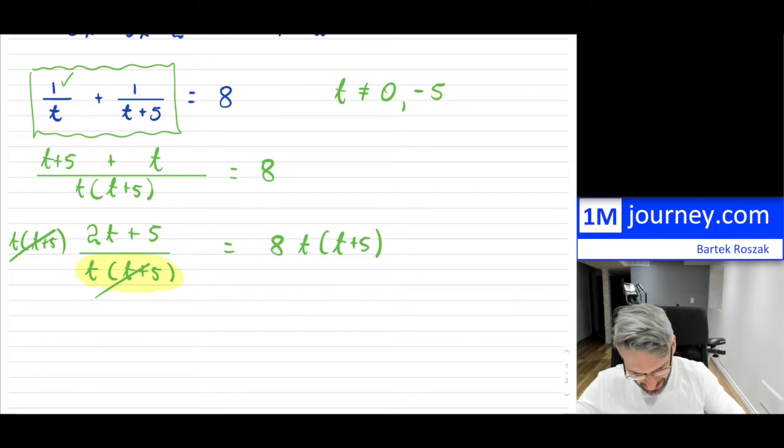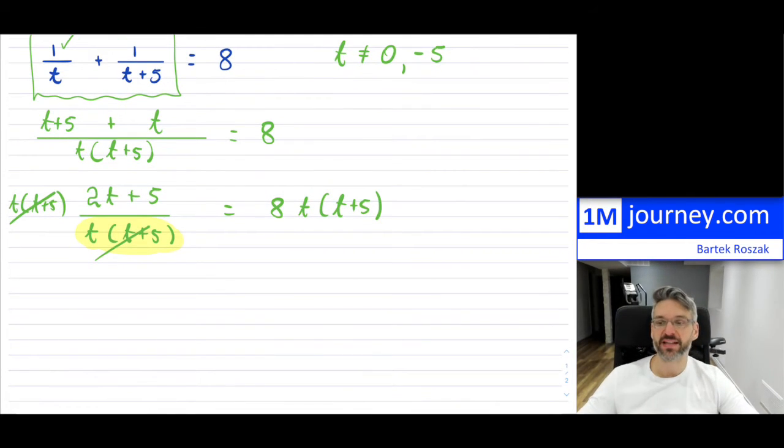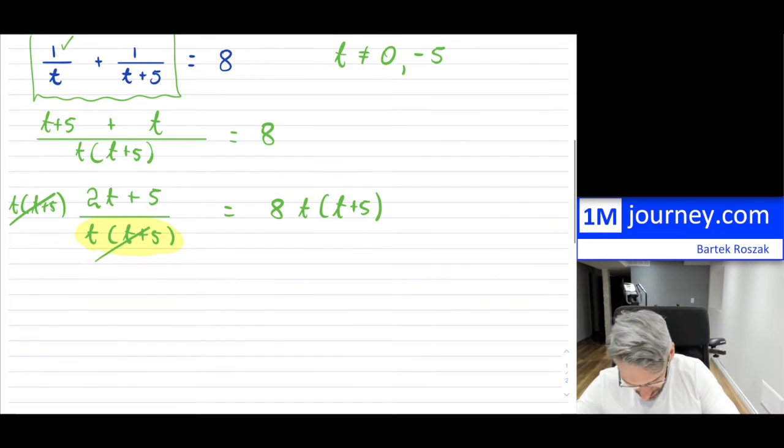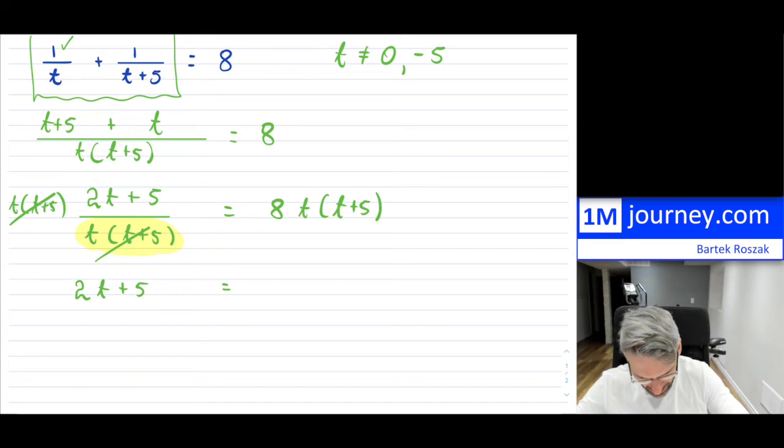Now this basically transforms into polynomials. So I have 2t plus 5 is equal to 8 times t times t plus 5, which I can expand and simplify. That's going to be 8t squared, all right, so that's for that.